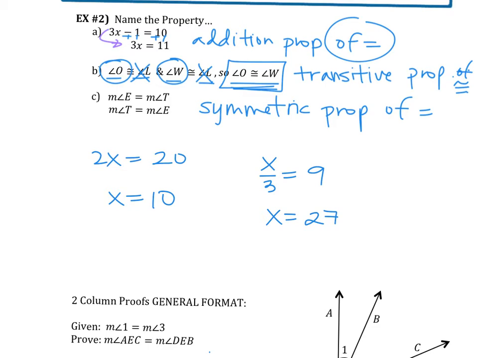What's that one? That's multiplication. I multiplied both sides by 3, okay? So this one was division, this one was multiplication. All right, any questions on any of those properties before I talk you through a proof here?